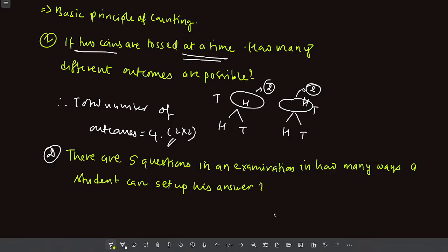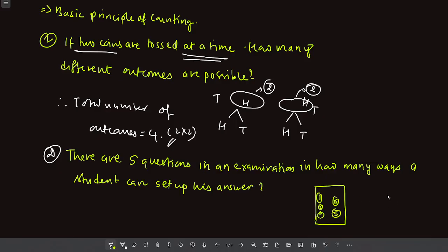Look at this question and try to get the answer. There are 5 questions in an examination paper, like question number 1, question number 2, question number 3, question number 4 and question number 5. Now in how many ways can a student set up his answer?